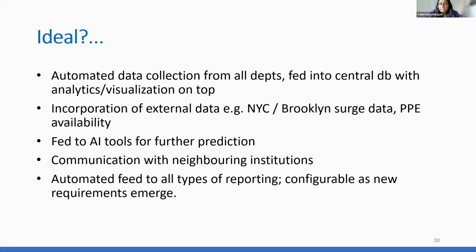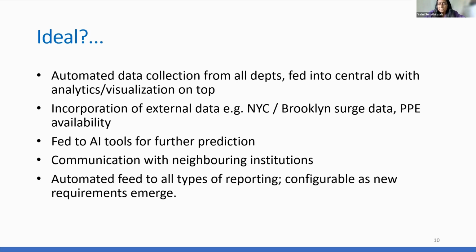Ideally, there would be automated data collection from all the departments fed into a central database with visualization tools on top. And as well, there's a need to incorporate external data. So for example, New York City Public Health Department was collecting data and making it available. There was a critical need for information about PPE, where it could be available.